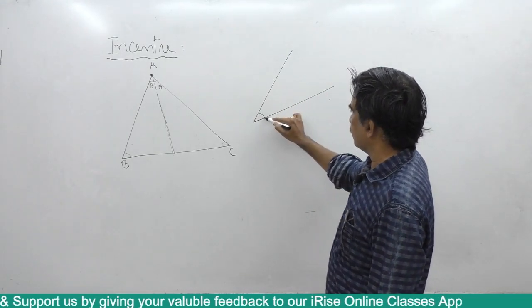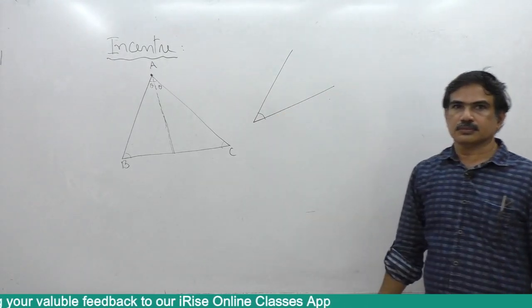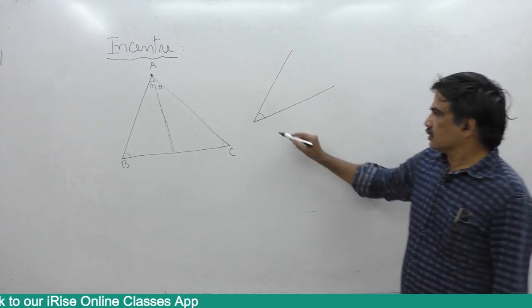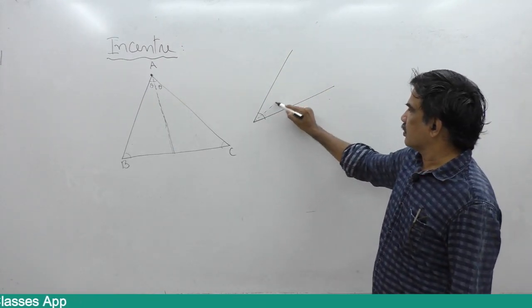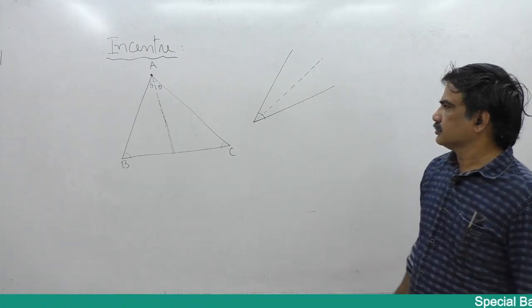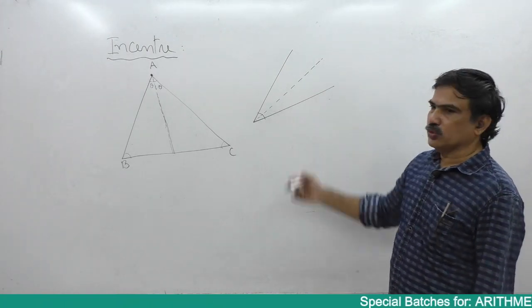If this is the angle, this is the angular bisector which divides the angle into two equal parts.